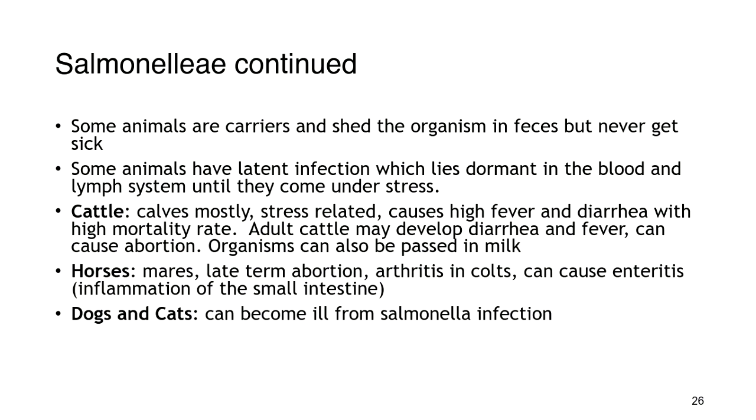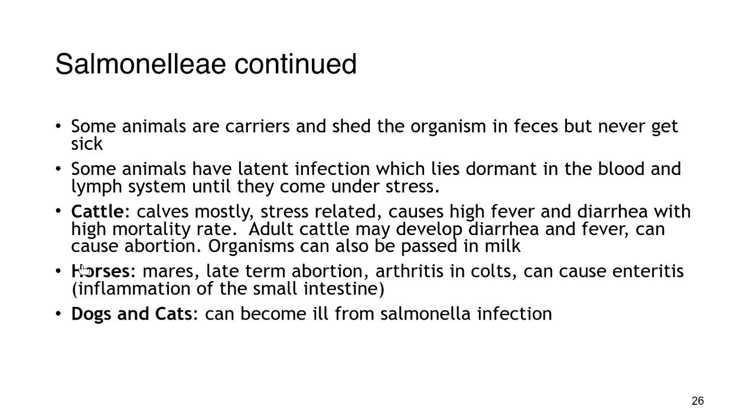Some animals are carriers and they shed it in their feces, but they never get sick. Sometimes they'll have a latent infection, and it lies dormant in the blood and the lymph system until they come under stress. A couple of those that we'll see with stress-related issues can be cattle and horses, especially.